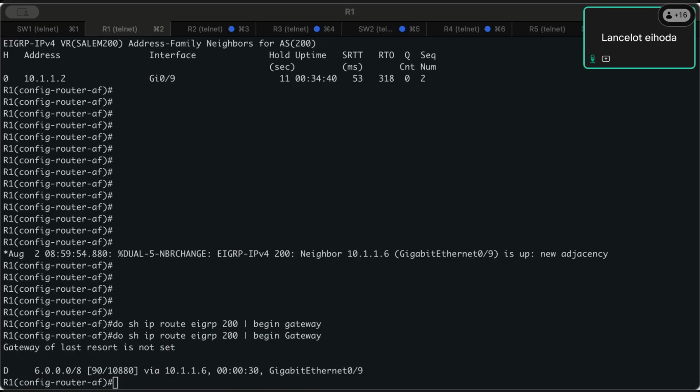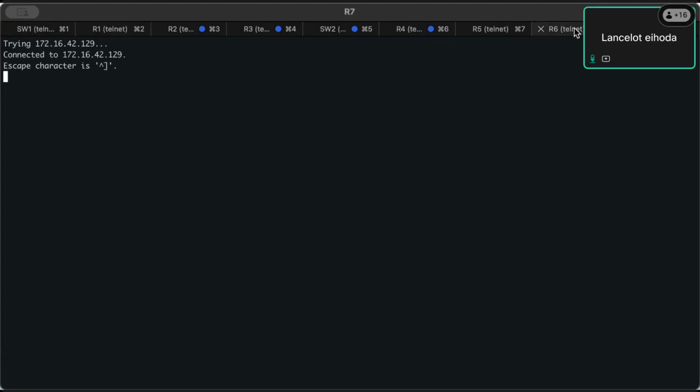So router 6 will be 0.0.0.6, router 7 will be 0.0.0.7. So let's launch routers 6 and 7 and let's see how it goes.